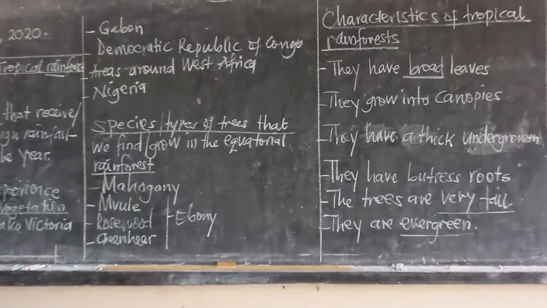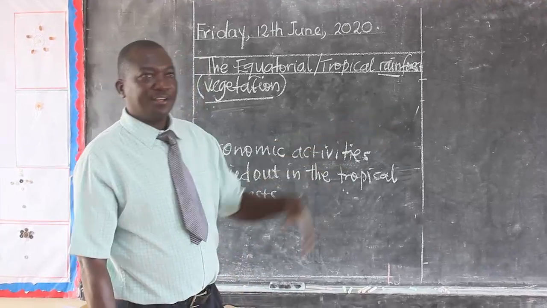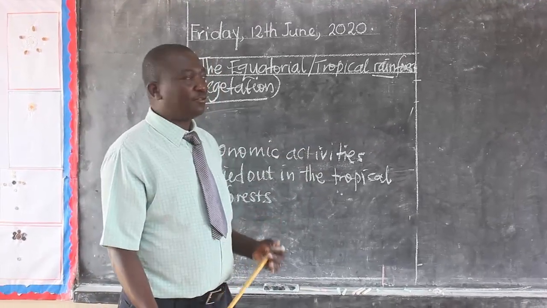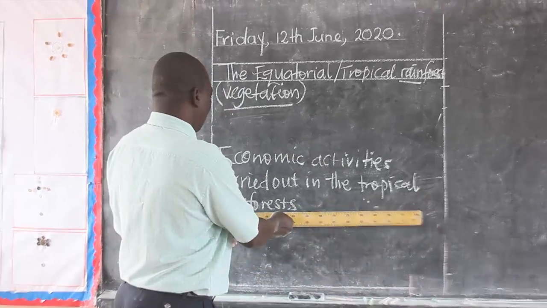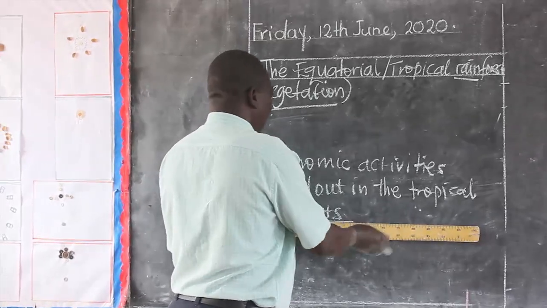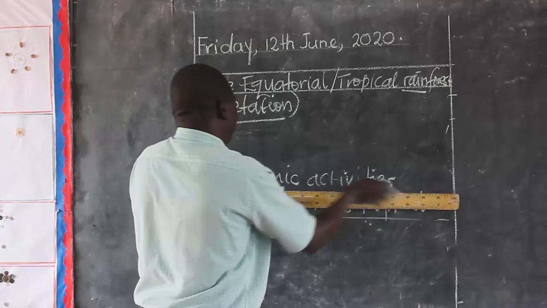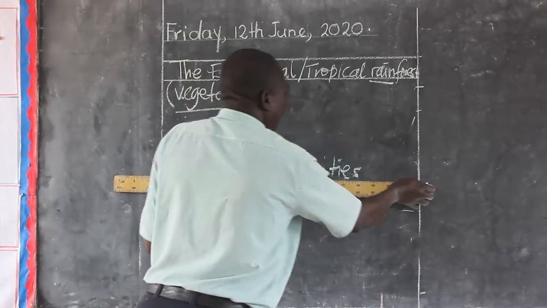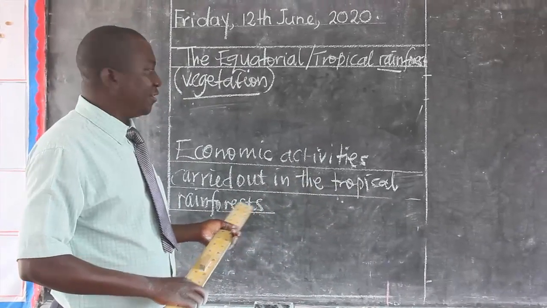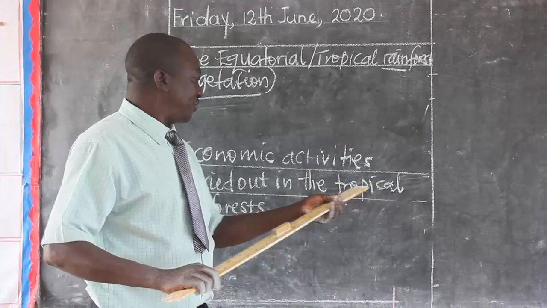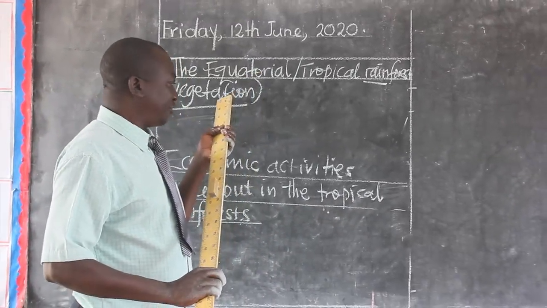So, next we need to explain something after looking at the characteristics of the tropical rainforest. Now I want to embark on this and look at the economic activities that are carried out in the tropical rainforest. Remember, I've said that tropical rainforest is the same as equatorial vegetation.